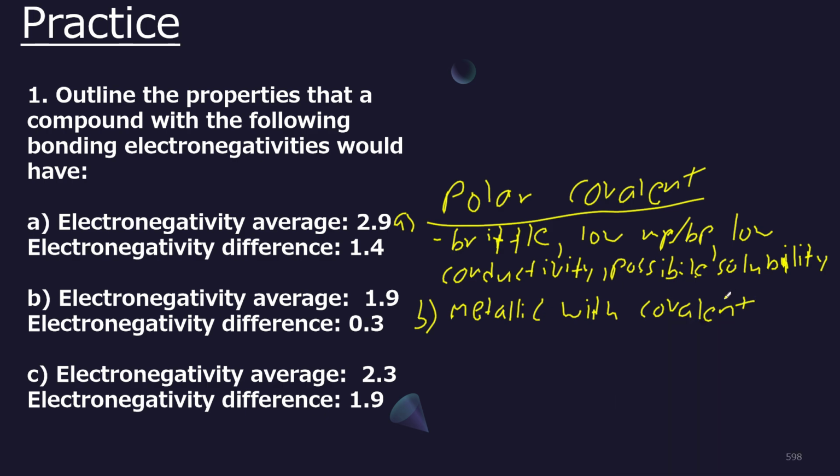Difference is so low it's not going to have ionic properties, but we can say medium conductivity, probably still high melting and boiling point if this is still a crystal lattice, which usually it is if it's on this line.